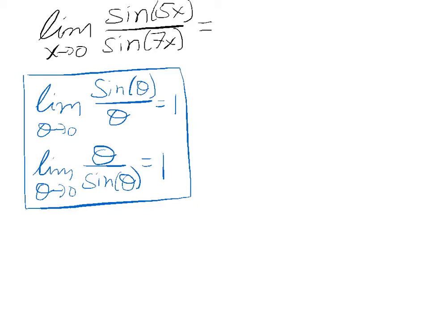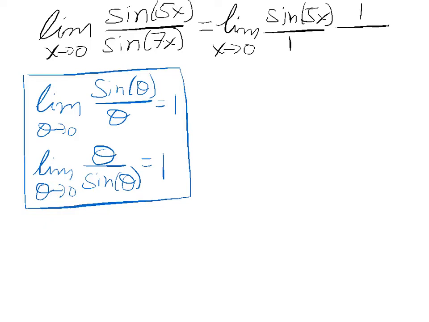So what I'm going to do here is, let's see, we have the limit as x goes to 0 of sine of 5x over sine of 7x. I'm going to break up that fraction like so.